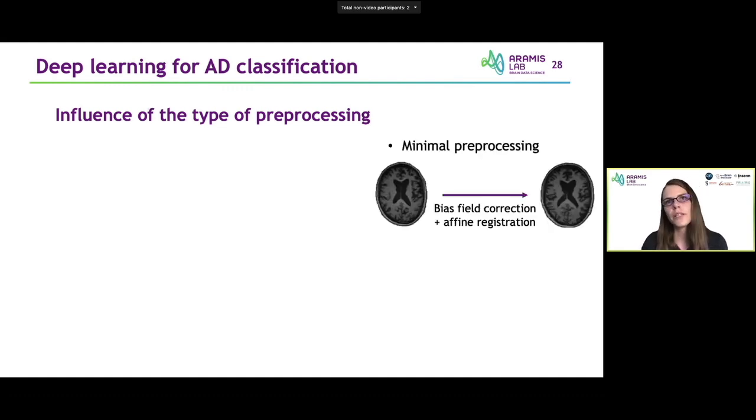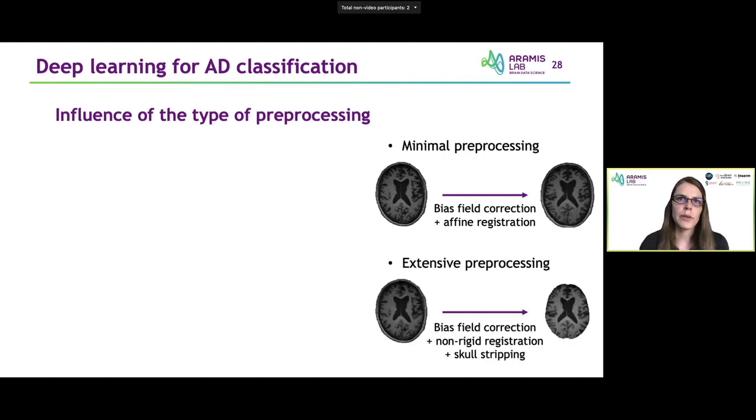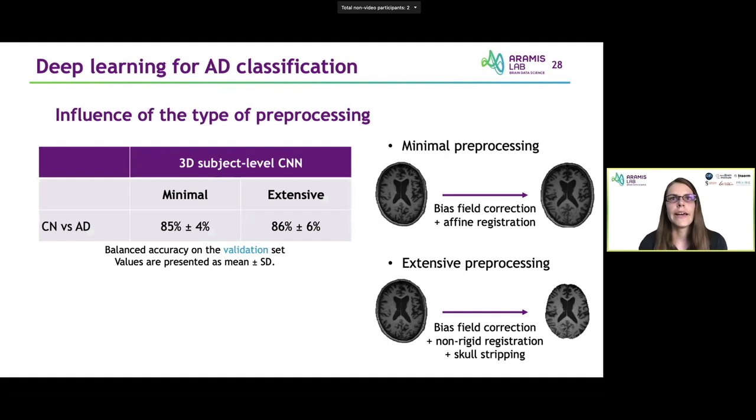We compare a minimal preprocessing that comprises bias field correction and affine registration to a template with a more extensive preprocessing that comprises bias field correction, non-rigid registration to a template, and skull stripping. And you can see that there are no notable differences between the mean balanced accuracies obtained using the 2 preprocessing strategies.